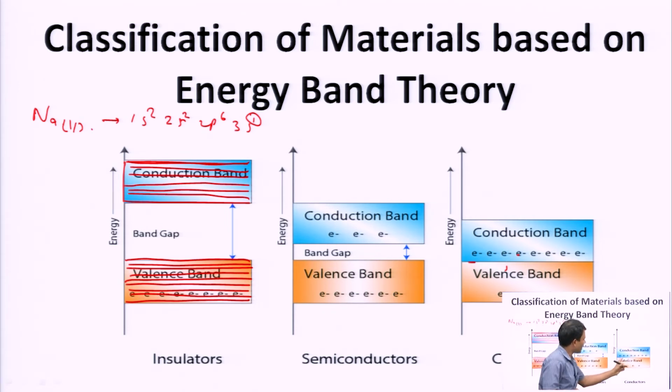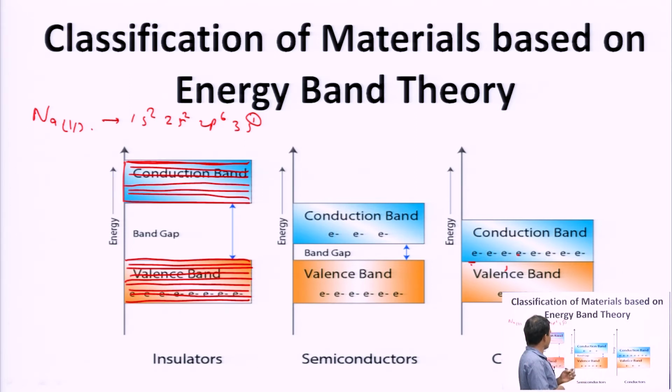So the energy gap here is 0. So those materials whose energy gap is 0 are known as conductors.